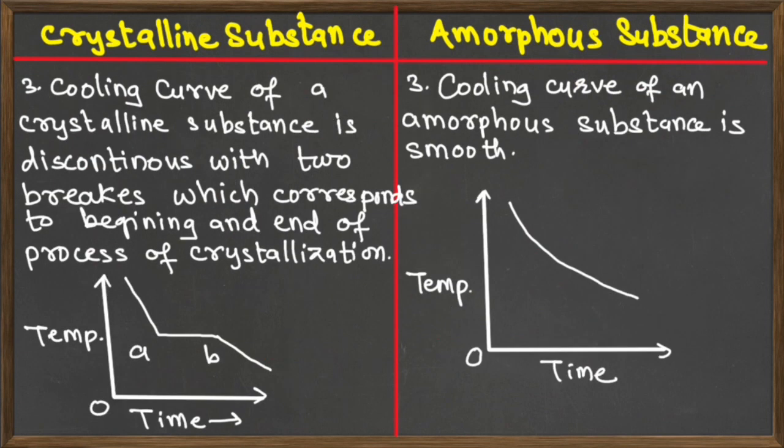Let us go for the third point of difference, that is cooling curve of a crystalline substance is discontinuous with two breaks which correspond to the beginning and end of the process of crystallization.